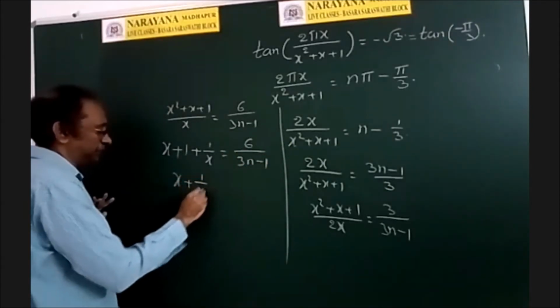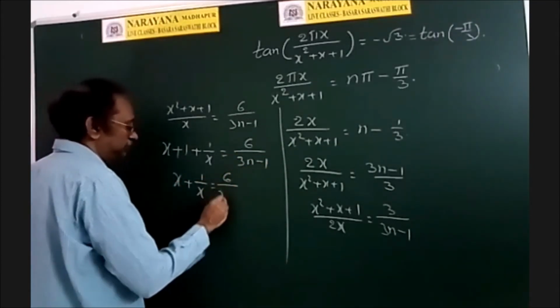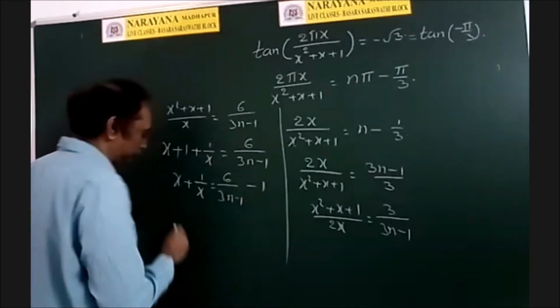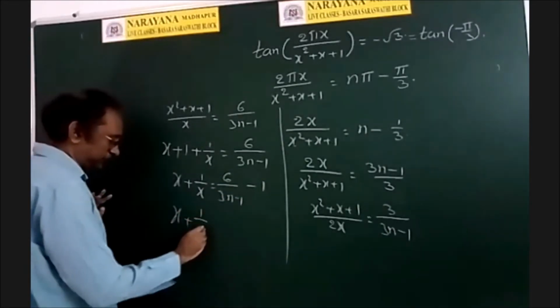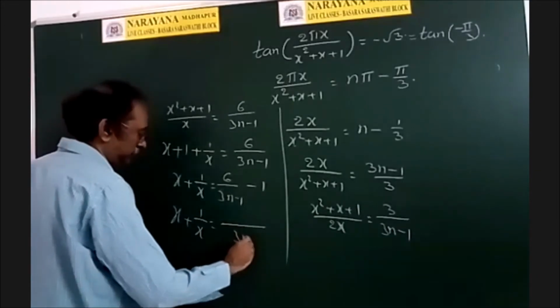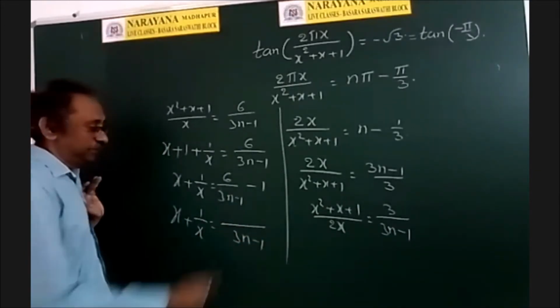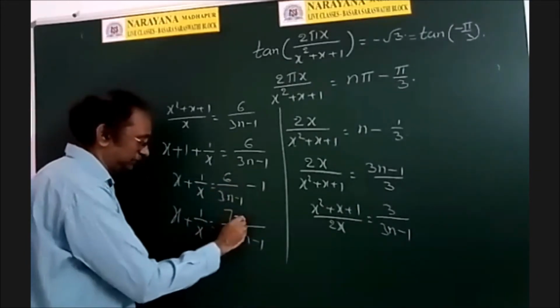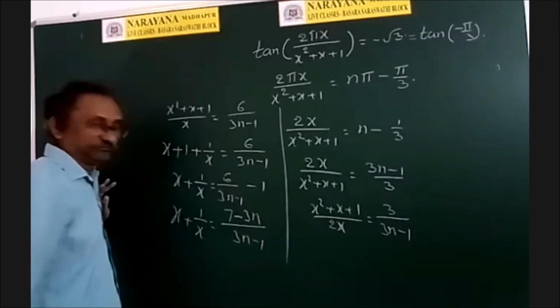So x plus 1 by x is equal to 6 by 3n minus 1 minus 1. So x plus 1 by x is equal to 3n minus 1 LCM. So 6 plus 1, 7 minus 3n.